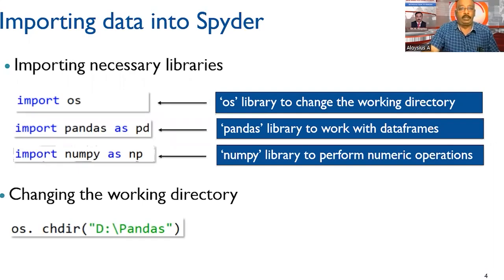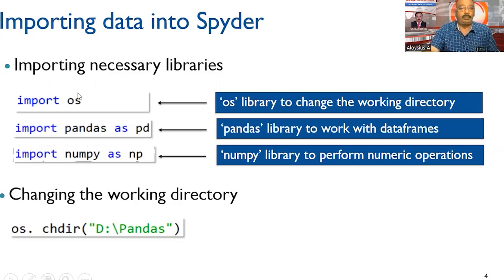So we'll now look at the procedure for importing data into Spyder. The data can be available in any format like text, Excel format, and the CSV format, and so on. These file formats can be imported into Pandas so that you can perform data analysis.